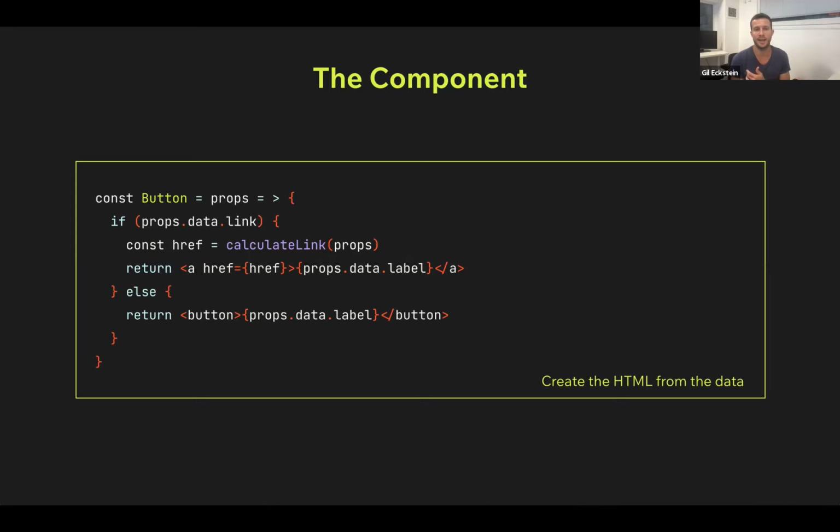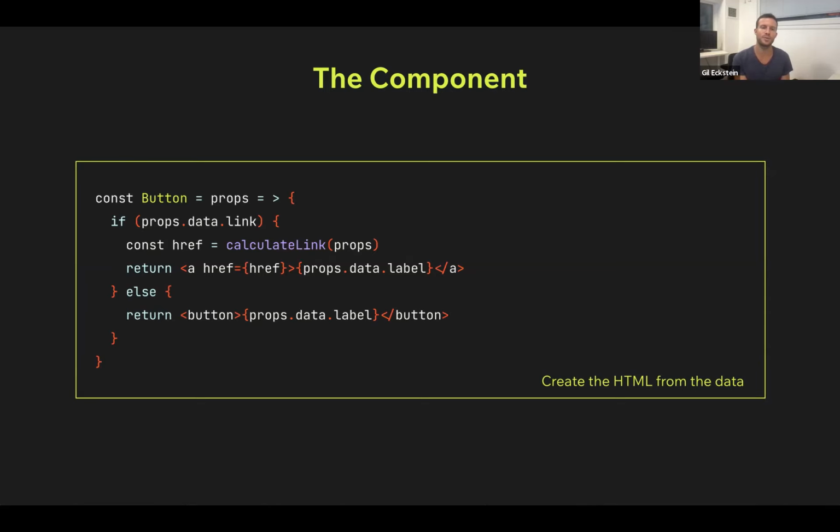In our case, an anchor element with an href, because you need to perform a navigation. So we need to calculate the link of this link type, link object. We'll see it in just a second, and return the href.